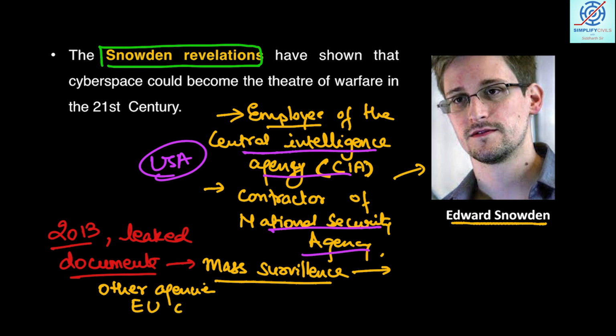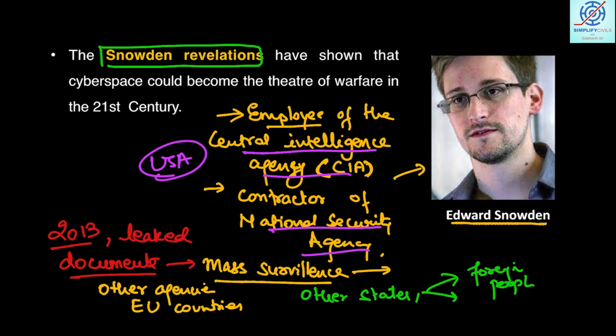Many of the European countries were also part of it, and they were trying to do this mass surveillance on other states. In fact, foreign organizations also, and domestically also it was being done. He said it was very important for people to know what the USA, NSA and CIA are doing, that this is not good, and that this is all being done using the cyber world.